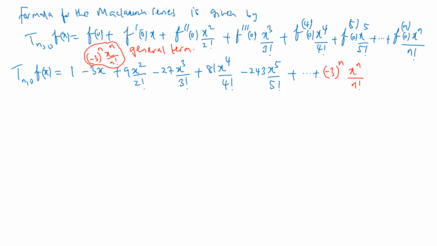Now we can write this in sigma notation, which means f of x is actually the summation of minus 3 to the power n, x to the power n over n factorial.